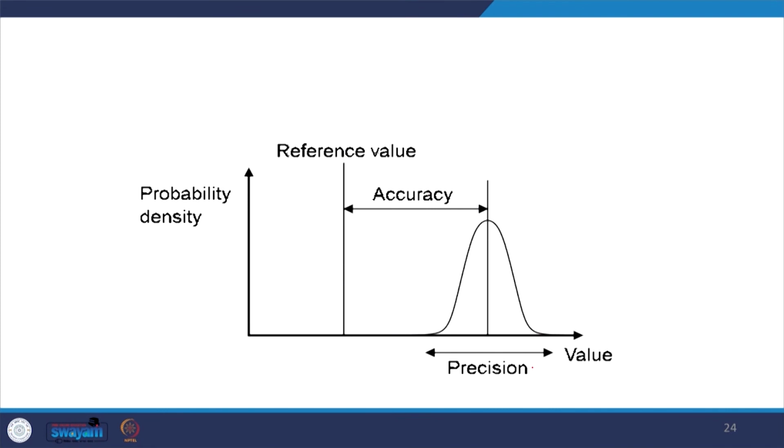But if it is less spread from the mean value, from the central tendency, then the alpha region is expected to be lesser. In that case, you are expecting a better precision of your result. Okay. So, this gives the mean value of the distribution. If we are reaching around the mean value, that means we are defined with the accuracy of the data.